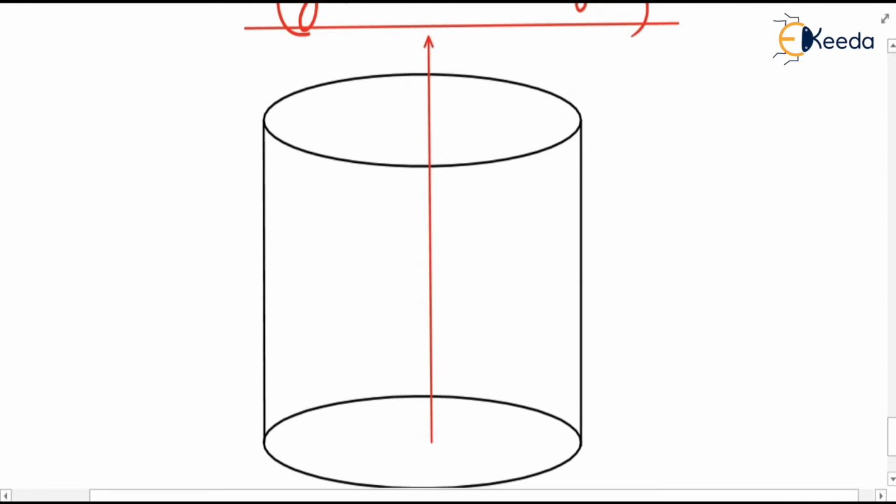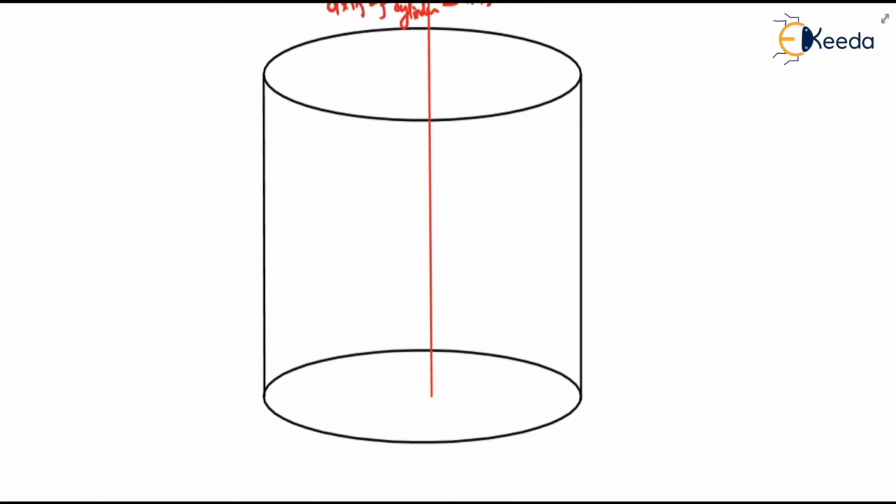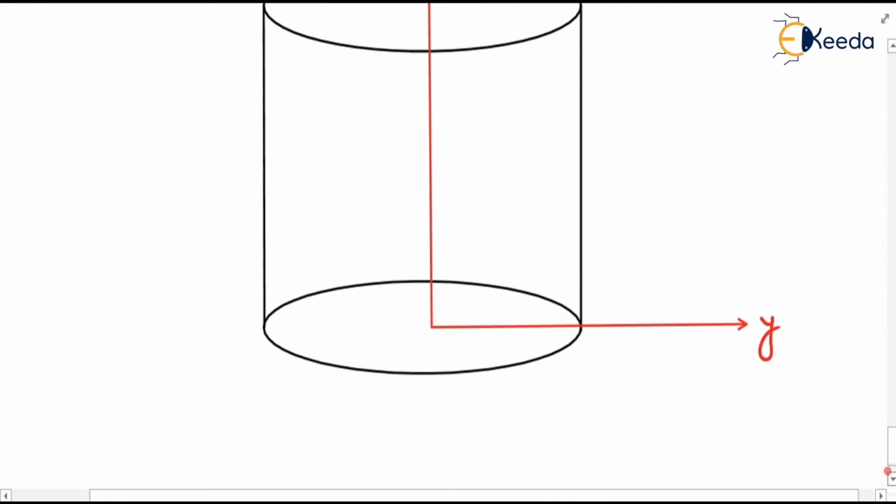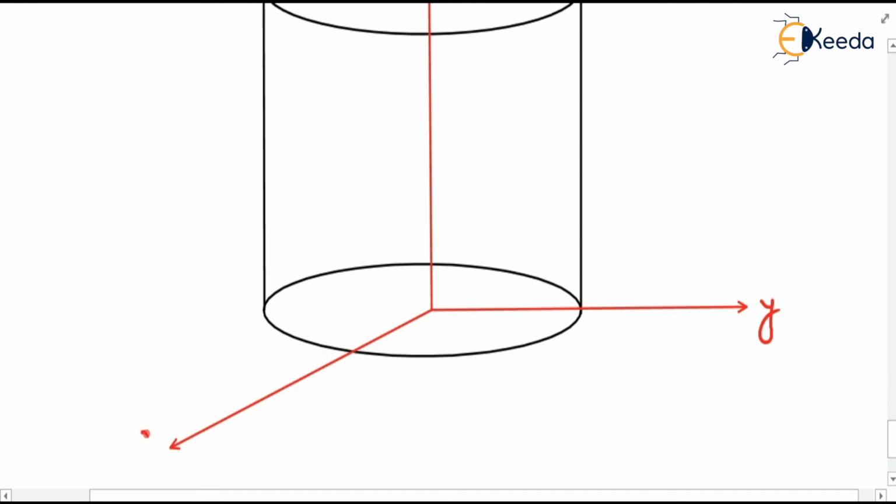This is the z-axis, also called the axis of the cylinder. And for x and y, suppose this axis is the y-axis, and this axis we take as the x-axis.